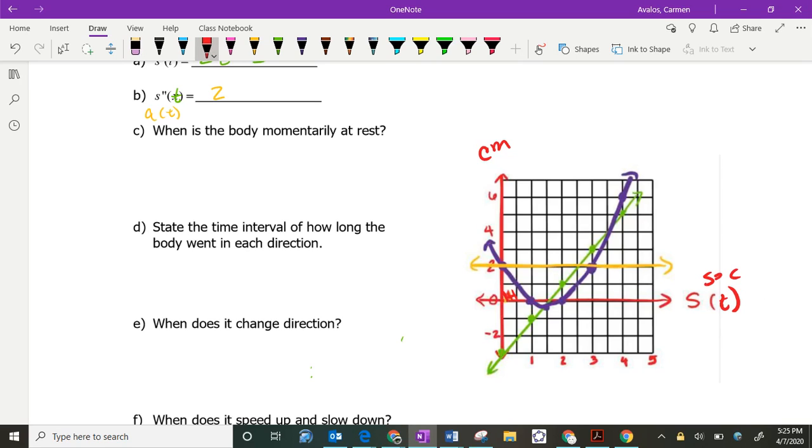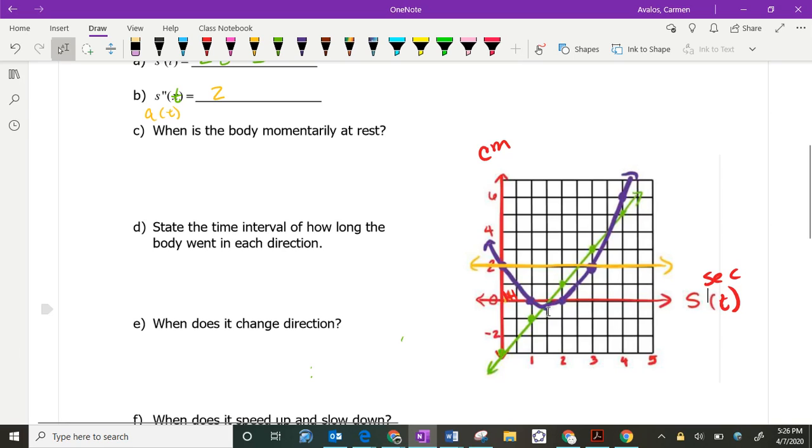Now let's interpret what this is saying. Here is a body, a particle or whatever, and it's moving along here. This is the time that's passing. As time passes, the particle is getting closer and closer to 0, which we're going to call h for home. We're getting closer and closer to home, and then it's actually moving past it, all the way to here.